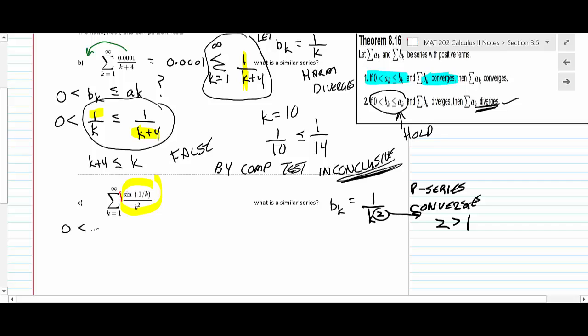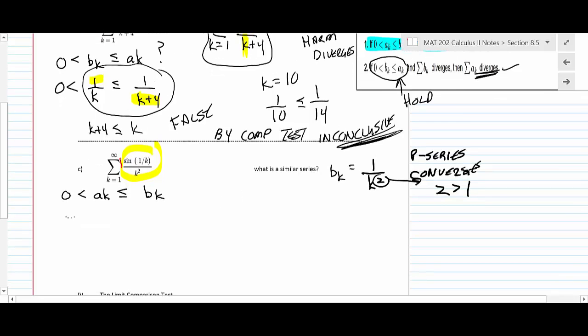So that's 0 less than a sub k. That's the series I gave you. And let's see if that's less than or equal to the P series b sub k like that. All right, so there is a sine in the numerator. That makes this fairly easy. Think of this kind of like the squeezing theorem. So this is sine of 1 over k all over k squared, less than or equal to the P series 1 over k squared.